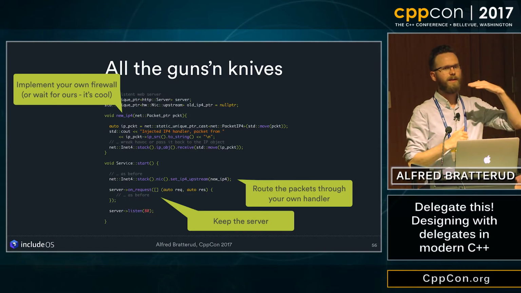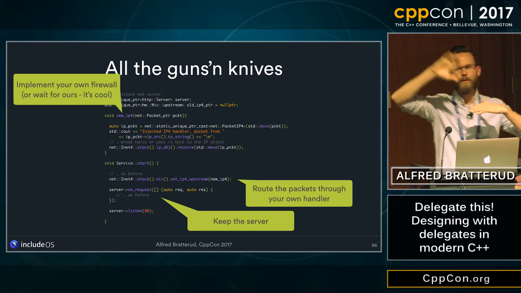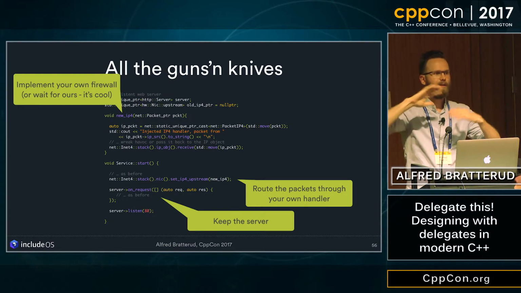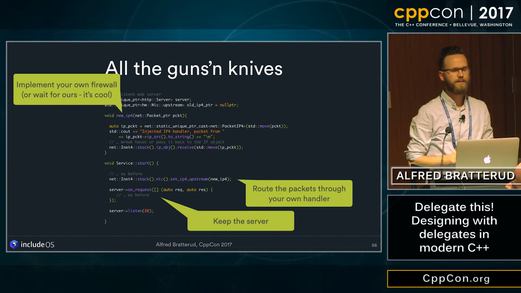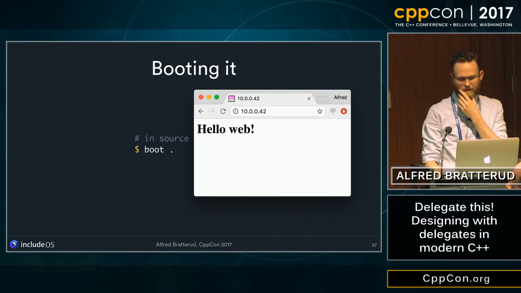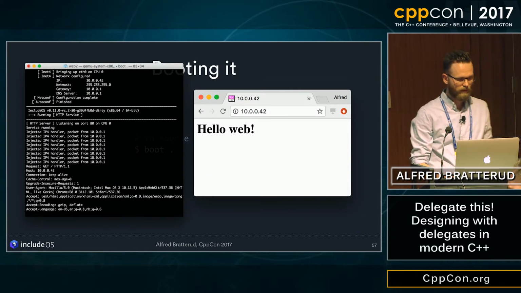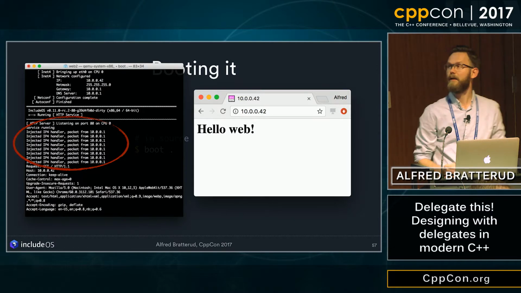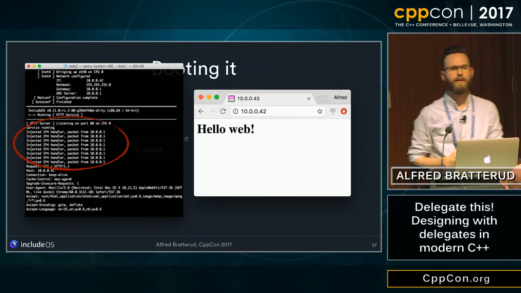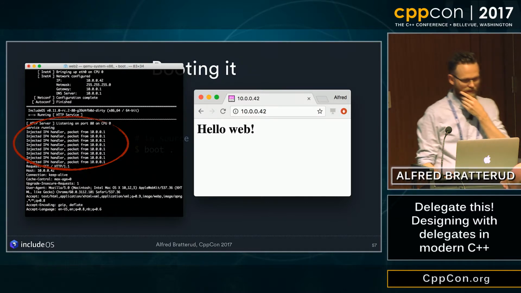In between the network interface card and the original IP handler, I've just plugged my own function in so that I can sit there and inspect the packets. So the result when I boot is still a normal web server, but inside of the terminal, you will see that it's printing out that it received packets from the gateway, in this case IP address 10.0.0.1.